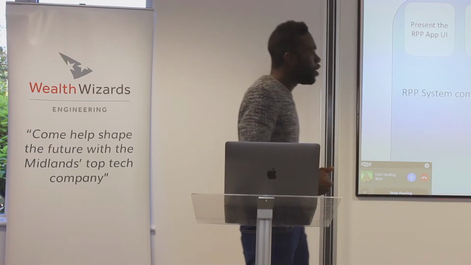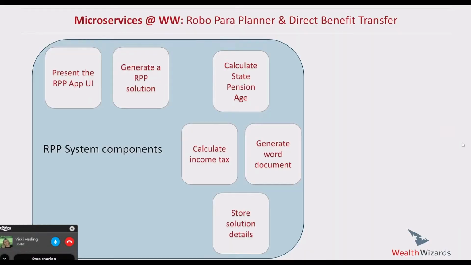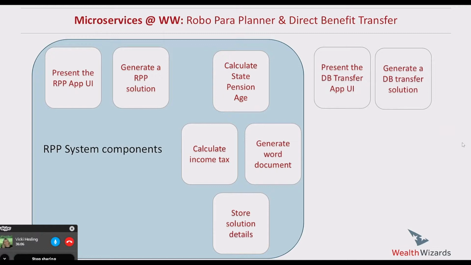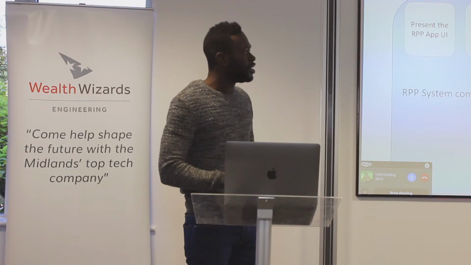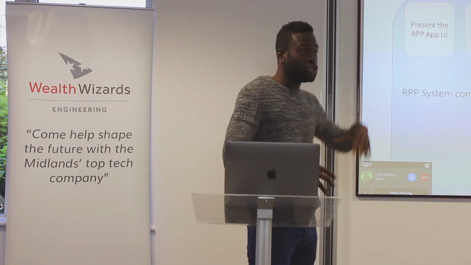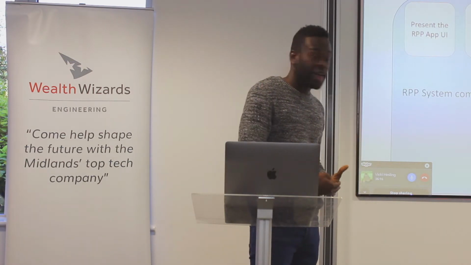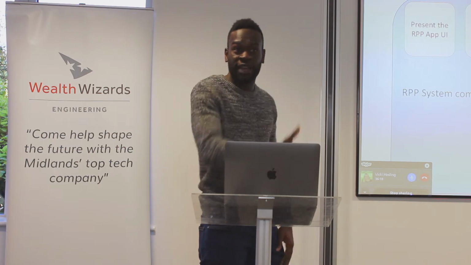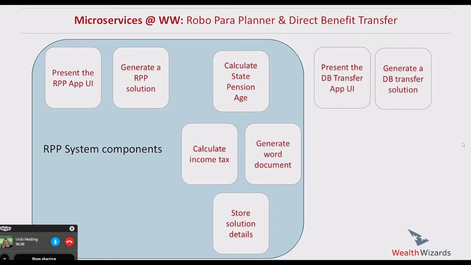And when it comes to shifting the context of the system to perhaps another application, so the DB Transfer Wizard, which has slightly different use cases or slightly different logic, there are certain things that are unique to the application. So you create microservices which reflect the unique context of that application. So generating that user interface, the DB transfer, and the business logic, which is contained in that far-right microservice.